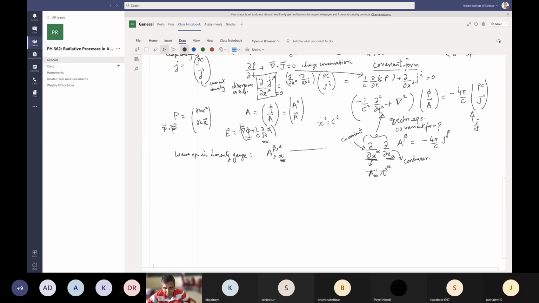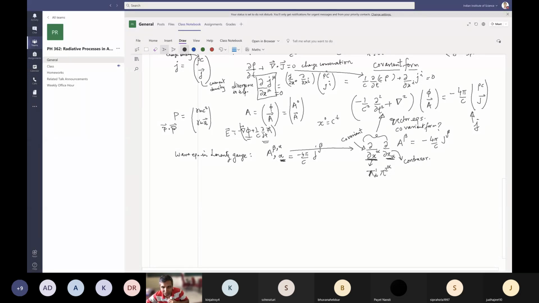So this is nothing but that equation. So this is equal to minus 4 pi by c j beta. Right. So this is a covariant equation in the 4 space because it expresses a vector on the left hand side and another 4 vector on the right hand side.